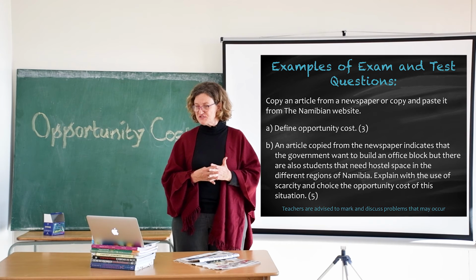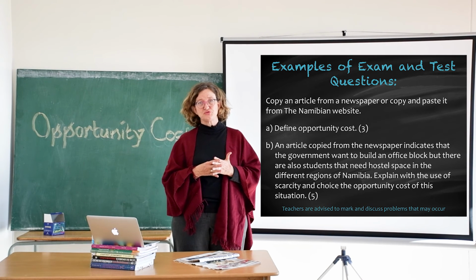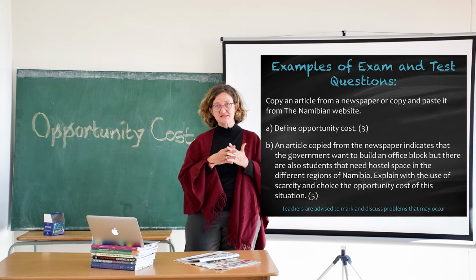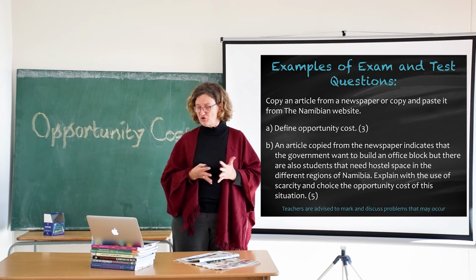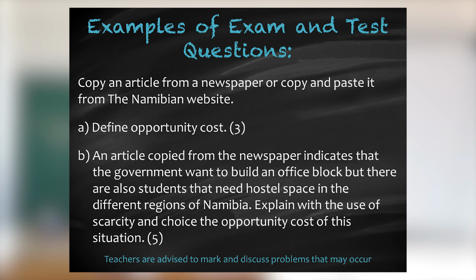We have an extra question for you, which you can use in an exam or in a test for your students. Here is an example of how you can test the students on this topic. For defining opportunity cost, you can allocate 3 marks. And then you can give them an article from the newspaper, which you copy and paste, and then you ask a question.